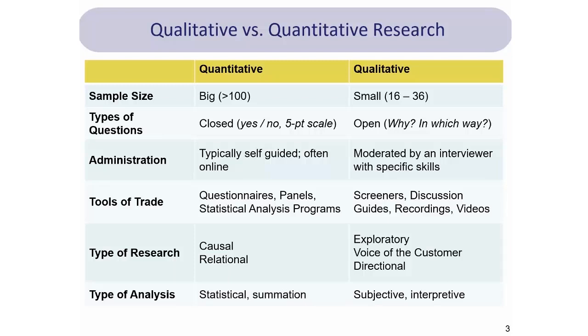And then finally on this page, we're looking at the type of analysis. So quantitative, as I mentioned, statistical, it's summation. You're coming up with certain percentages of likes and dislikes, or on a scale of 1 to 5, how many people said that they were very satisfied or satisfied, whereas qualitative is much more subjective and interpretive.